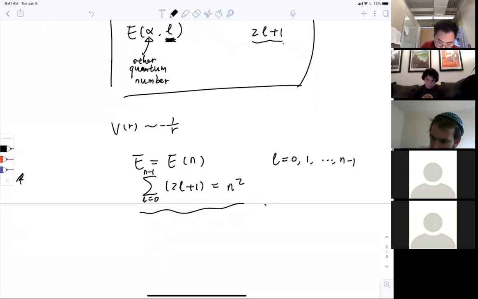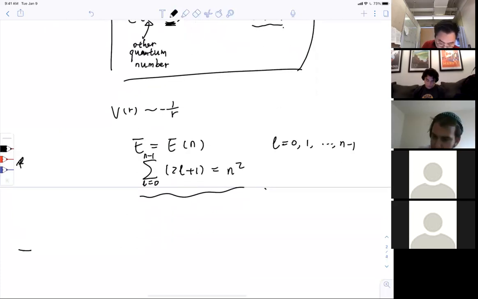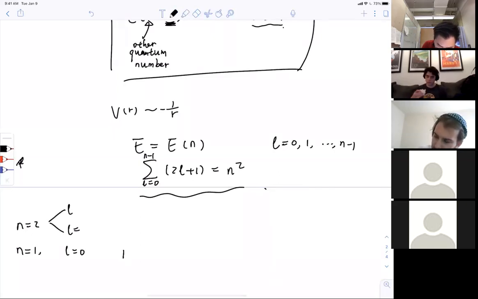So before solving this problem, we would expect for N equal to 1, L equal to 0, and the degeneracy is 1. For N equal to 2, we would expect L equal to 0 and L equal to 1 to have different energy levels, with degeneracy 3 and 1.